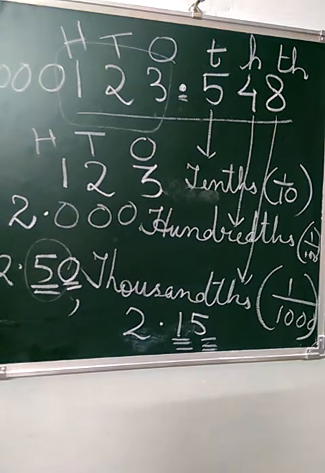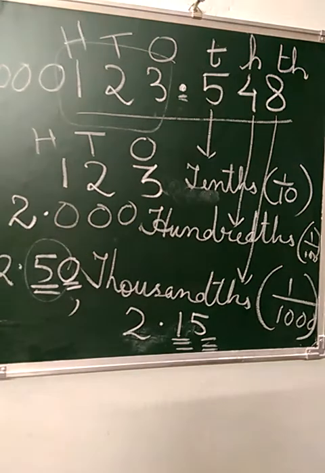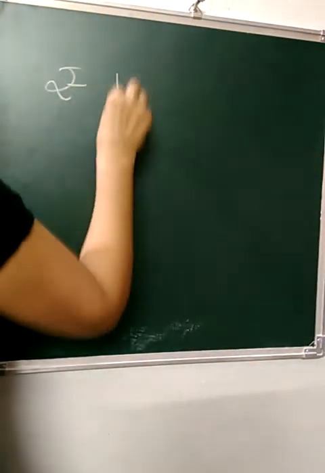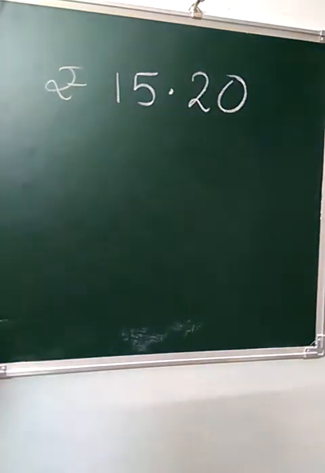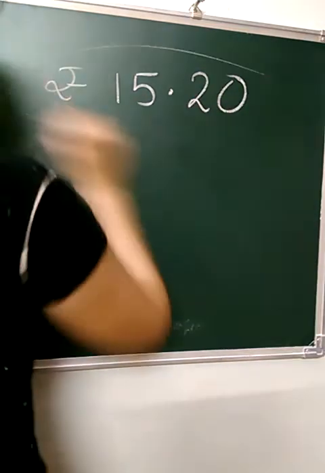Now, tell me, where do you use decimals? Okay, my question is, where do you use decimals in your daily life? Yes, so I was asking, where do we use decimals? 15.20 rupees. Yes, so that is in money.